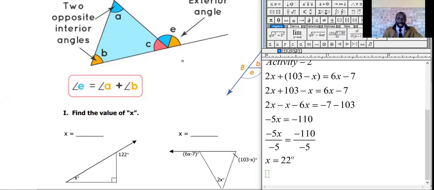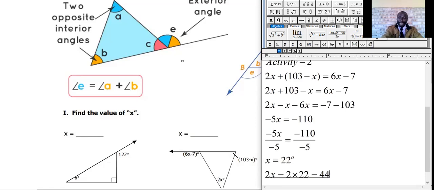So what that means is that this upper angle, this 2x for this other angle here, is going to be 2 times 22. And what is 2 times 22? Well, 2 times 22 is 44.